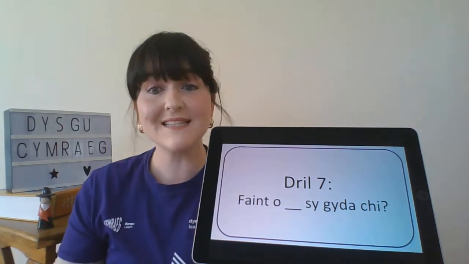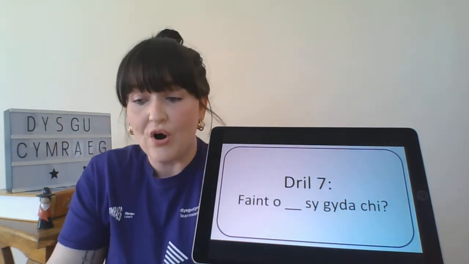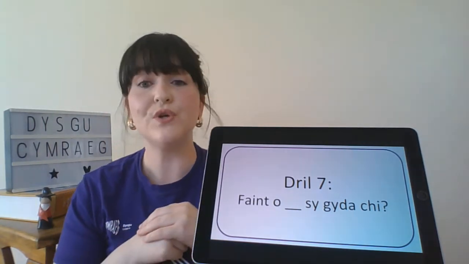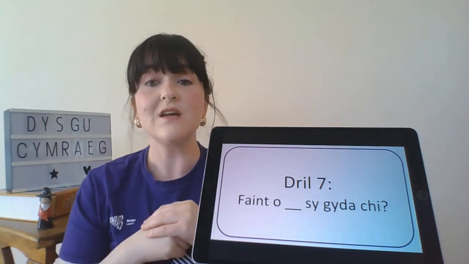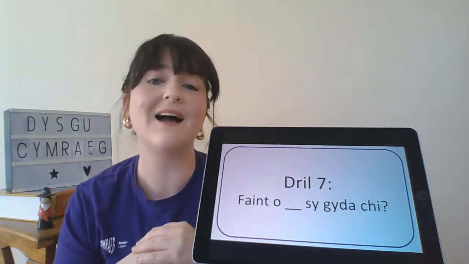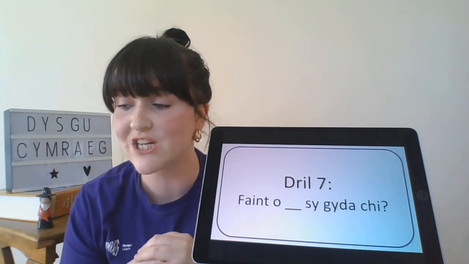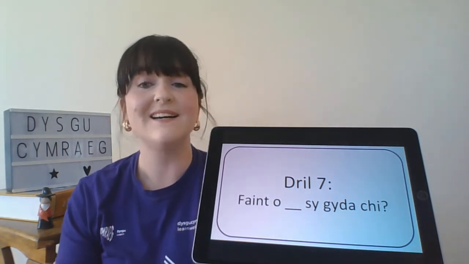Next, dyn ni'n mynd i symud ymlaen. We are going to move on and ask, how many children do you have? You plural, formal and singular and informal, and also asking how many children does he or she have?